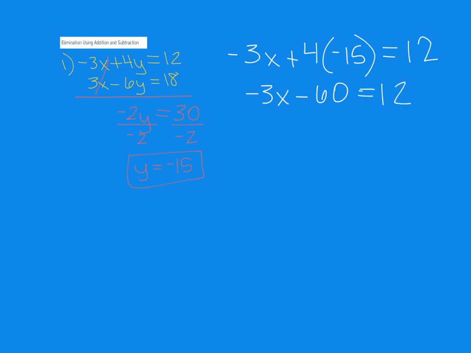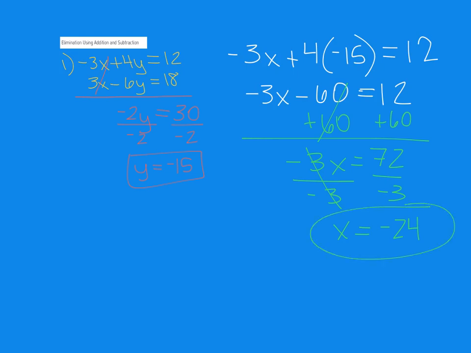And then I'm just going to solve for x. So I am going to add 60 to both sides. When I do, that is eliminated, and I get 3x equals 72. To solve for x, just divide both sides by 3, so I get x equals negative 24.